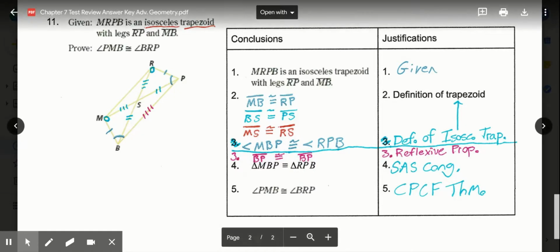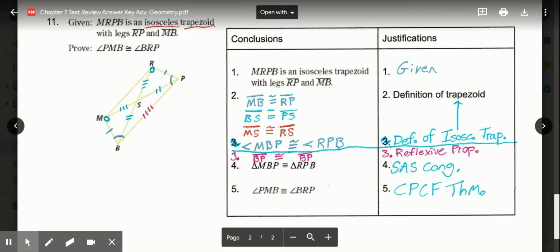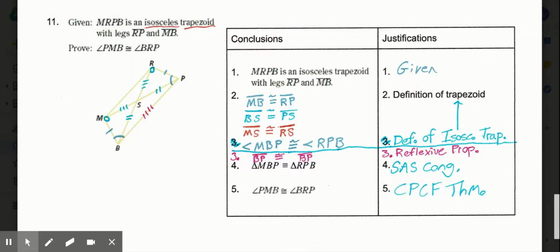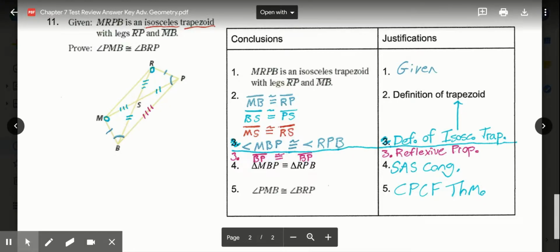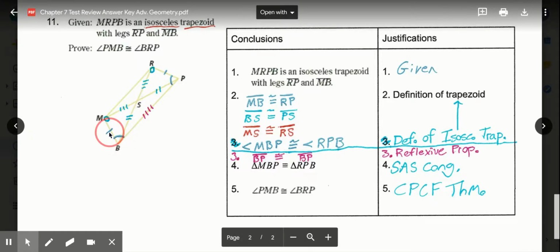Well, when I look at my diagrams at this point, what I was missing was the shared side of BP. So I could say side BP was congruent to side BP from the reflexive property. Then triangles MBP and RPB are congruent by side angle side because we have the shared side here, we have our angle here, and then we have our side here.